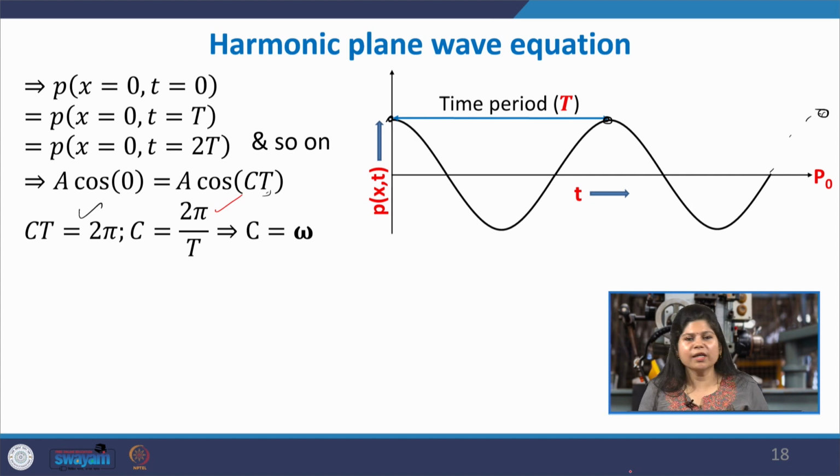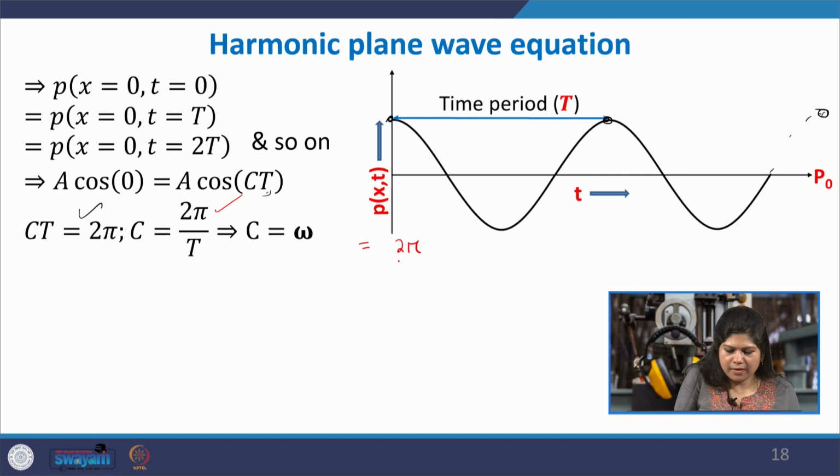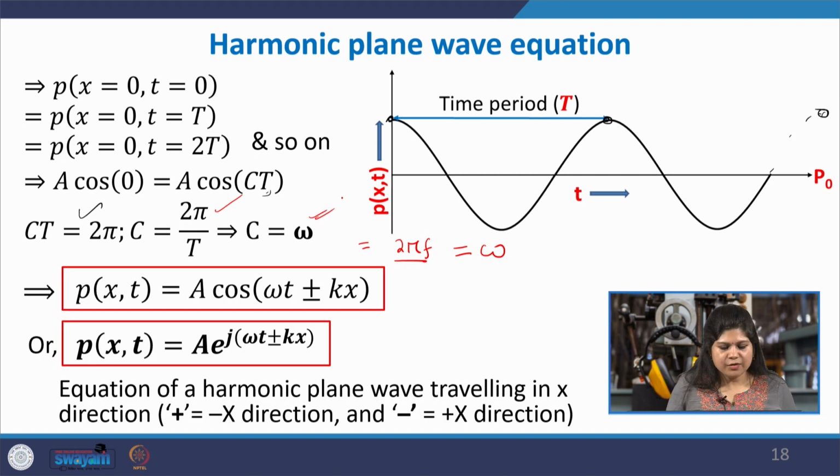So, we are not incorporating the plus-minus here, it is directly 2 pi by capital T, which means 2 pi f, which is simply omega.